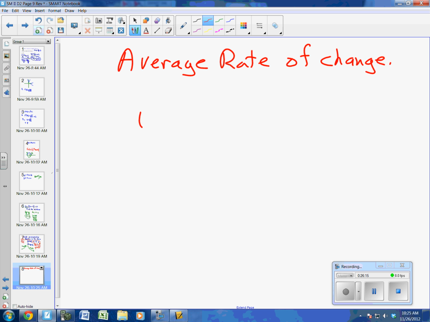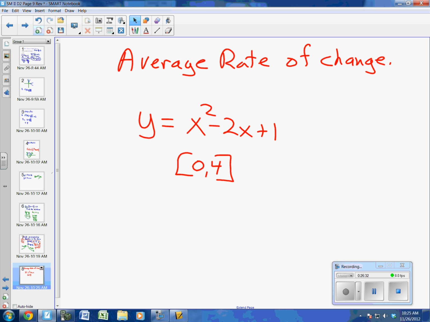Okay, let's say I gave you this function, y equals x squared minus 2x plus 1. And I said, what is the average rate of change on the interval 0 to 4? What is the average rate of change on the interval 0 to 4? How many of you guys could do this? Okay, good. I'm going to give you a minute to try it.